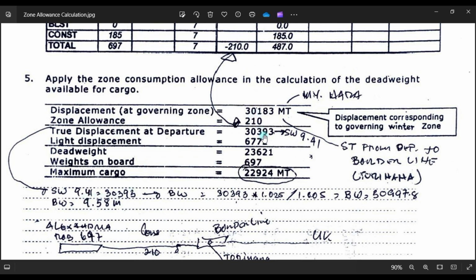This is a displacement 30393. What will be the drop in brackish water? The formula is your displacement times your constant of 1.025 over 1.005 will be your brackish water displacement will be 30997.8, and the corresponding drop will be 9.58.